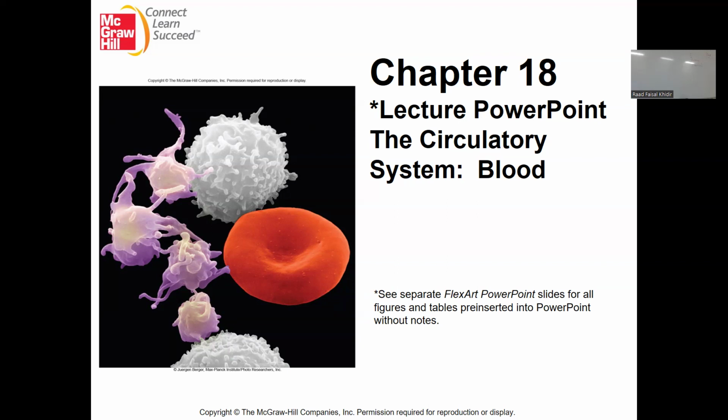So for example, when we do the respiratory system, when we look at air in the respiratory system, that's a gas fluid. But when we look at the blood, that's an example of a liquid fluid.